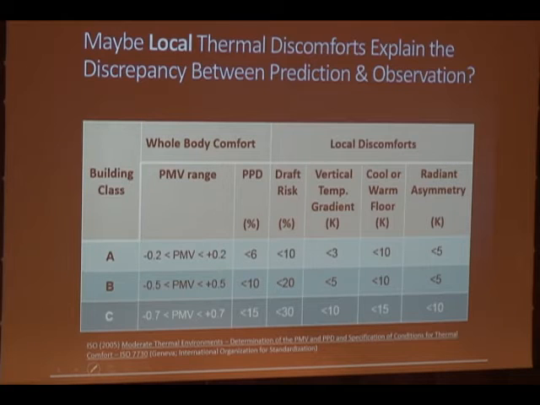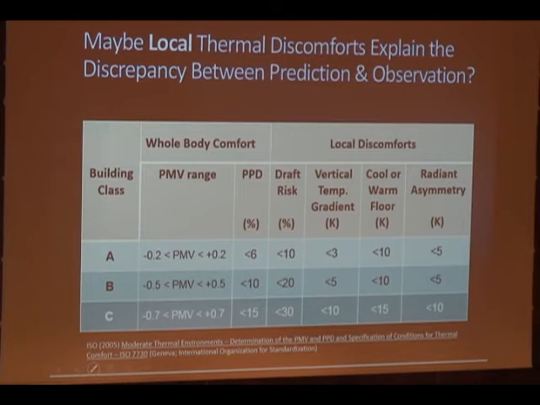But there's a slew of local discomforts that are written up into the standard, and they include draft or unwanted local cooling because of air motion, vertical temperature gradients through the occupied zone, cool or warm floors, probably not that relevant in office studies like the ones that I was just describing, and then radiant asymmetry, hot surfaces in the environment, such as glazing that is being irradiated by direct solar gain.